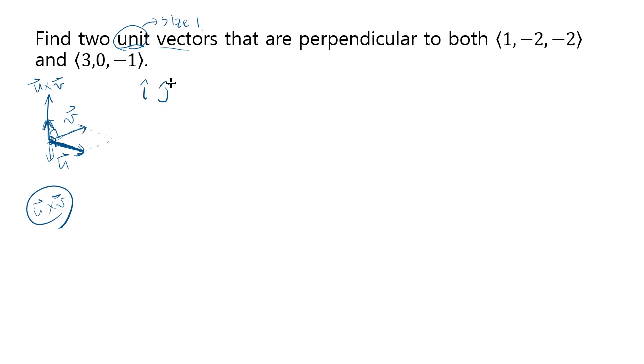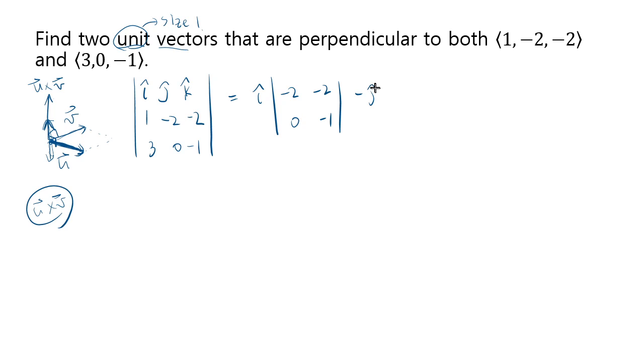You calculate the cross product by using this determinant, with i, j, k, and then you place the two vectors. For i, delete the column and the row, and you get the determinant of -2, -2, 0, -1, minus j times the determinant of 1, -2, 3, -1, plus k times the determinant of 1, -2, 3, 0.